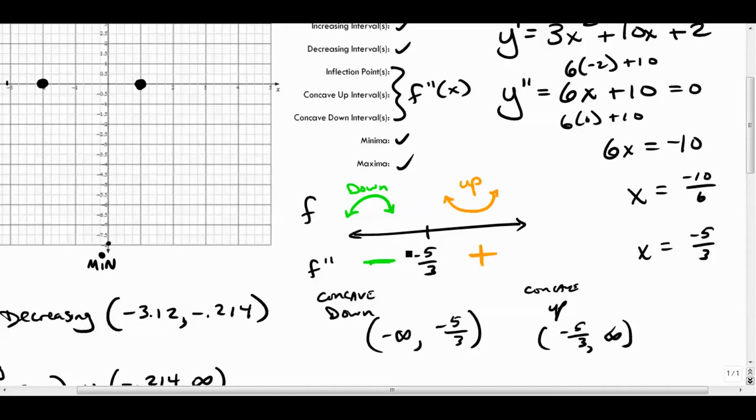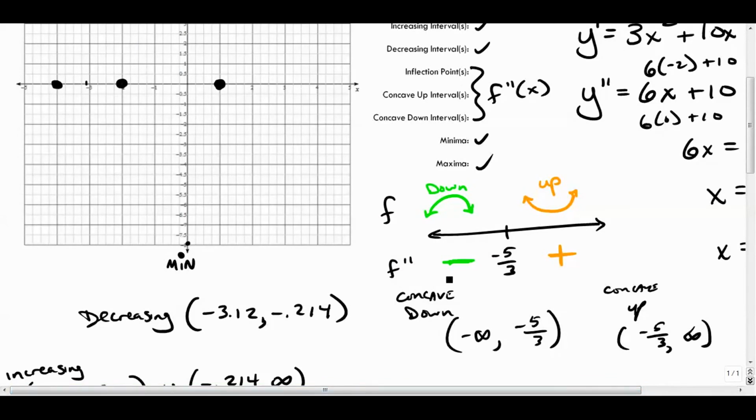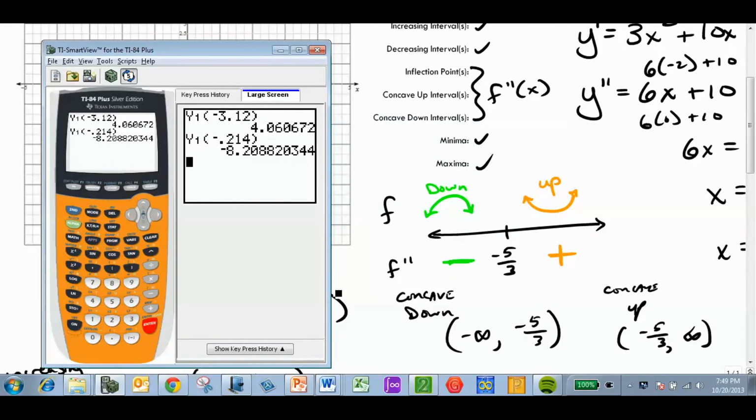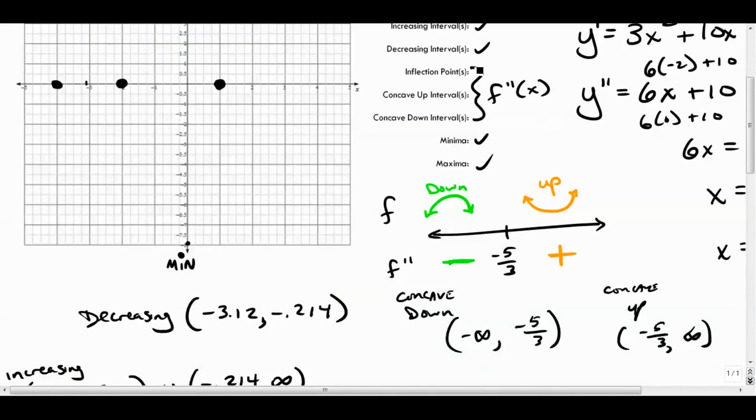Sweet. And the inflection point is when x is negative 5 over 3. I'm also going to plug that into my function to get the actual y value. So I'm going to enter that in again. I want to get the exact y value. Negative 5 divided by 3. This will give me the y value of my inflection point, negative 2.07. So my inflection point is negative 5/3, negative 2.07.